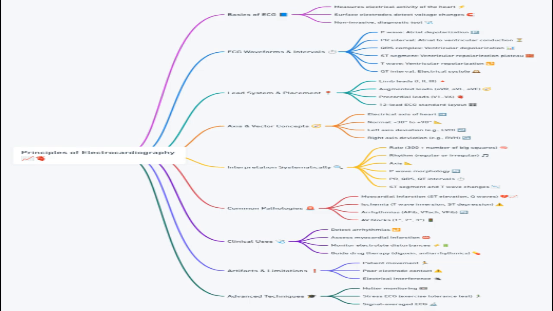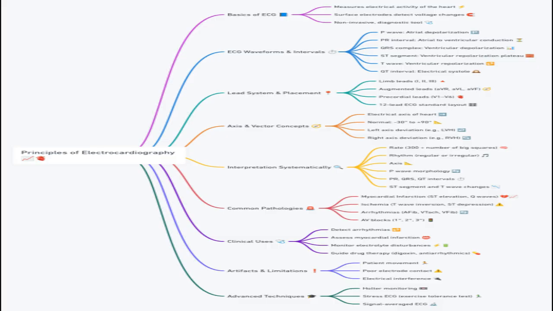When it comes to the leads, there are specific configurations, the bipolar and unipolar, that record the heart's electrical activity from different spatial orientations. When it comes to amplification and filtering, the raw cardiac signals are small, in the millivolts range, and require amplification and filtering to remove noise and artifacts.